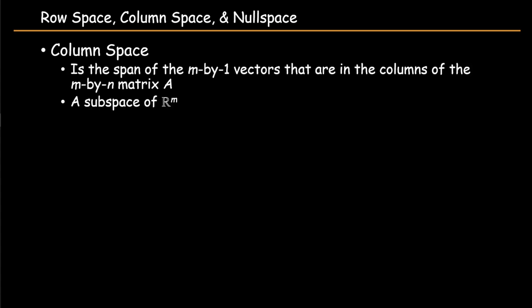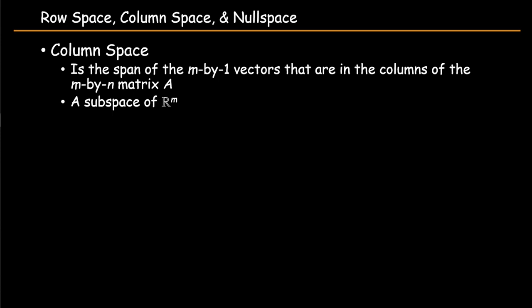So we're gonna start off with the column space, which is the span of the m by 1 vectors that are the columns of an m by n matrix A. It's also a subspace of R to the m, and that's pretty much it.